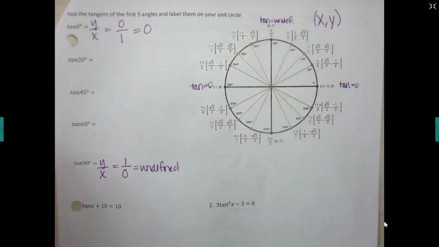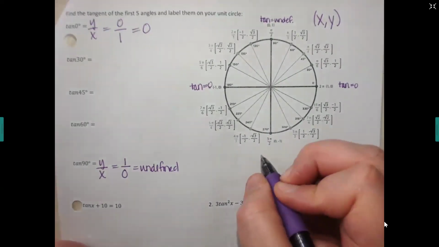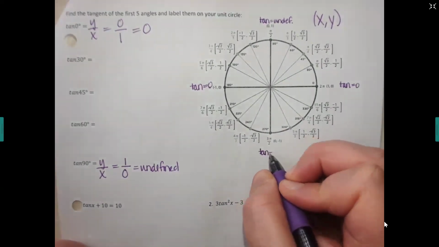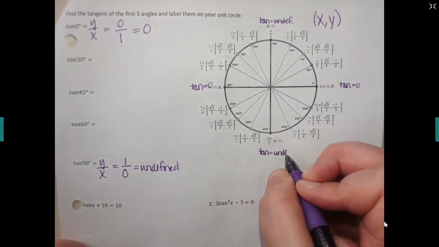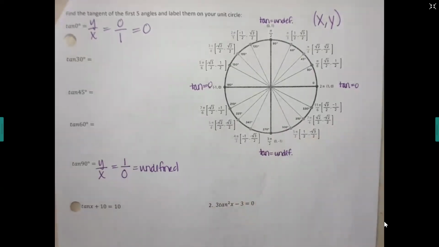If you trace across to the other half of the circle, instead of 1 divided by 0, it would be -1 divided by 0, but what would that still give me? Undefined. So put tan equals undefined, because it doesn't matter what's on top, the 0 on the bottom undefines it.